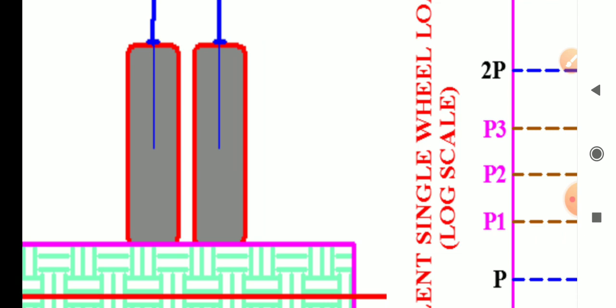Using these two wheel loads, we have to find an equivalent single load. Two loads are acting, so two stresses will be developing. Because of the two wheel loads, we are finding ESWL, the equivalent single wheel load. After applying two wheel loads, we are converting the two wheel loads to an equivalent single load. I want only an equivalent single load at the bottom of the pavement. So using these two wheel loads we convert to a single wheel load, called the equivalent single wheel load at the bottom of the pavement.